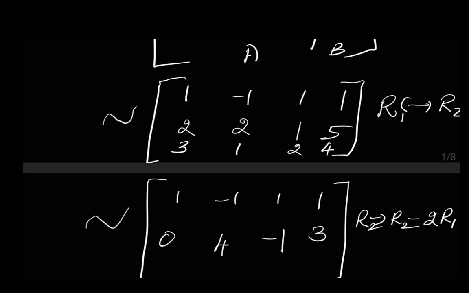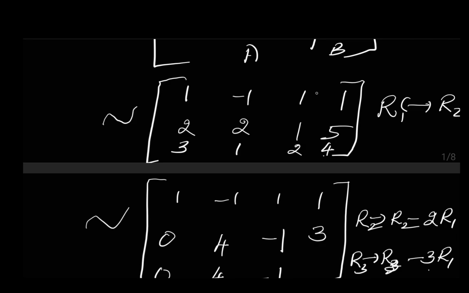Come to the third row. Again the first entry should be 0. So I multiply R1 by 3 and subtract it from R3. This is your new R3 row. 3 minus 3 is 0, minus 3 minus 1 plus 3, so 1 plus 3 is 4, and then minus 3, 2 minus 3 is minus 1.